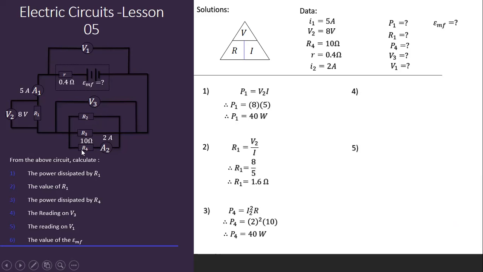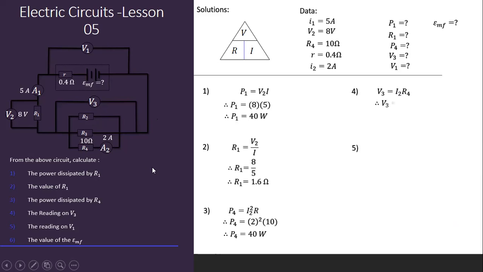So now we have to use R4. What do we have? We have the resistance and we have the current. We need to calculate voltage. We can use the Ohm's triangle. So the voltage is going to be the resistance times the current. So we use the formula that voltage V3 is going to be current times resistance.